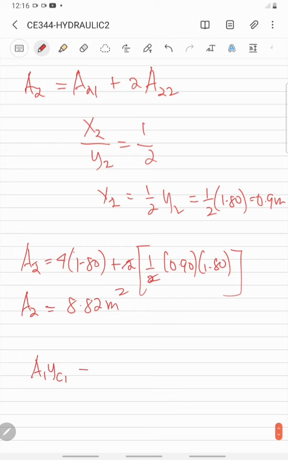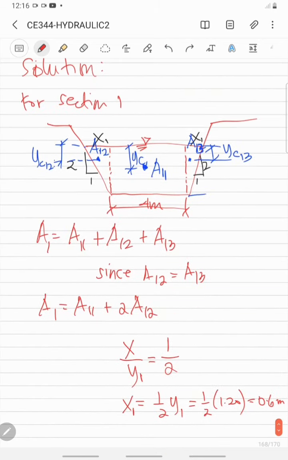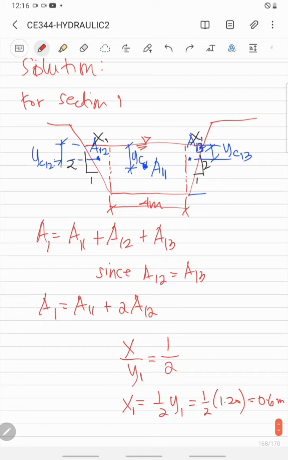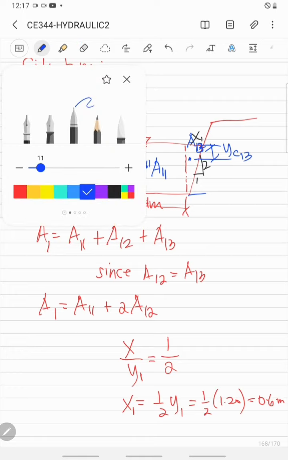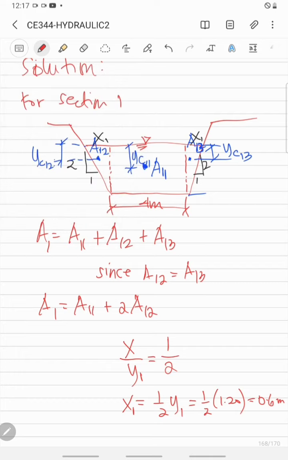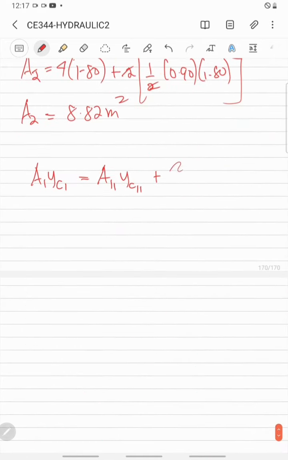Area yc1 is also the sum of area 11 yc11 plus area 12 yc12 plus area 13 yc13.